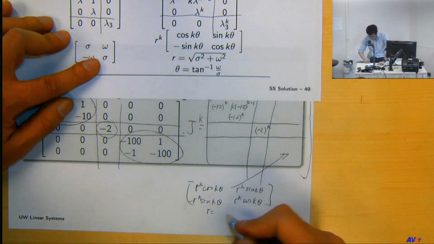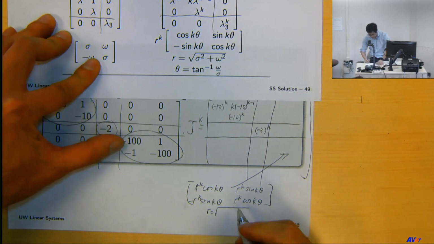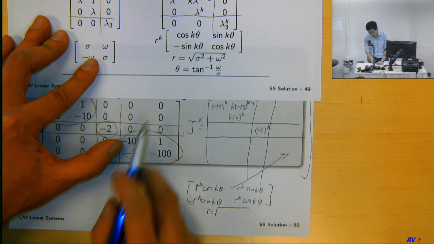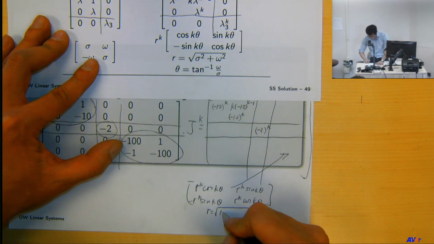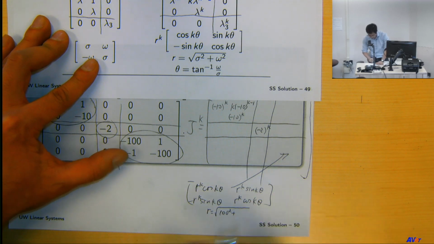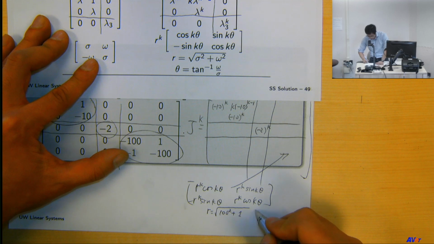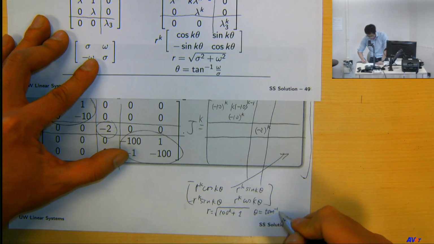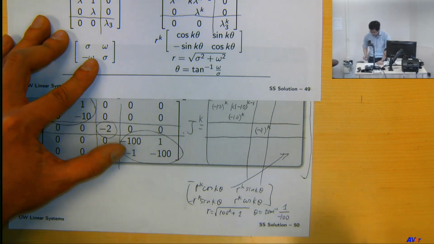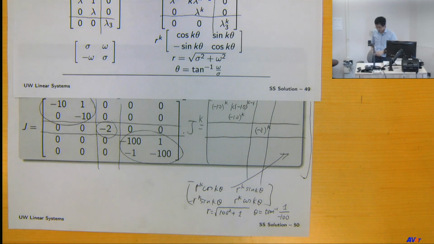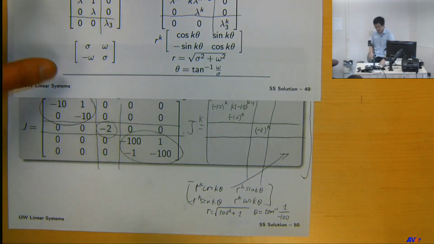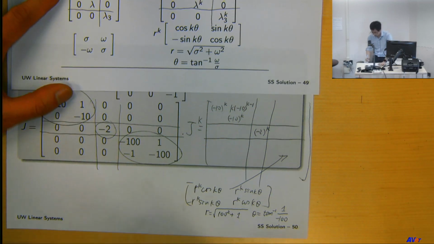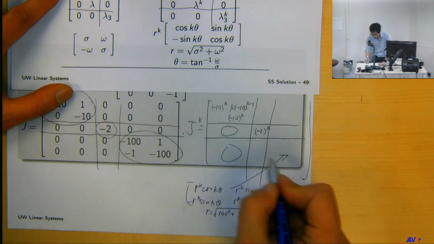So r is the square root of negative 100 to the power of 2 plus ω squared, and θ is the inverse tangent of 1 over negative 100. So that's how the solution can be written out. All the other terms are 0.